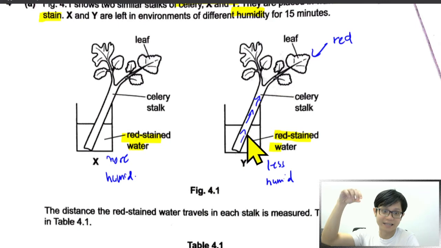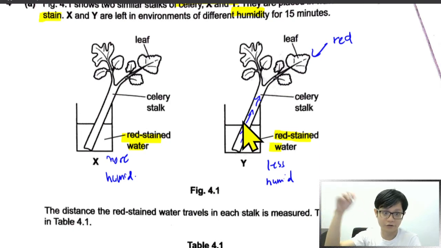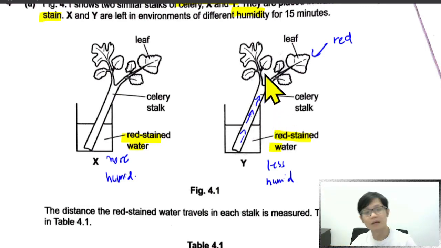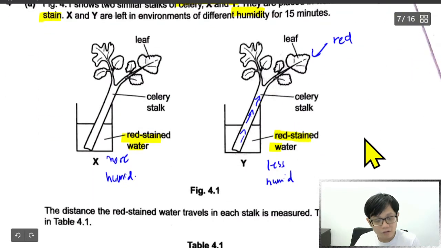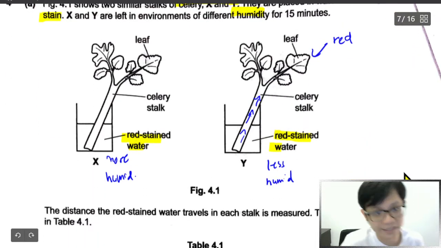In kindergarten experiments we usually put celery into food coloring: if you put red, it will become red; if you put yellow, it becomes yellow; if you put green, it becomes green. But for this one, we want to calculate how much it can absorb.